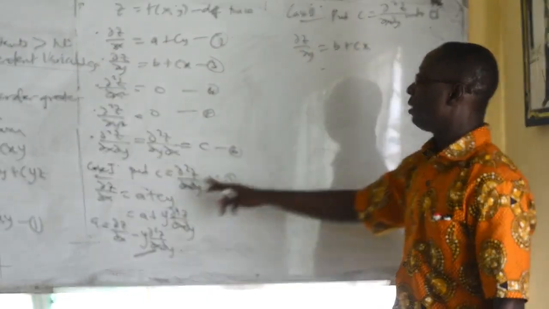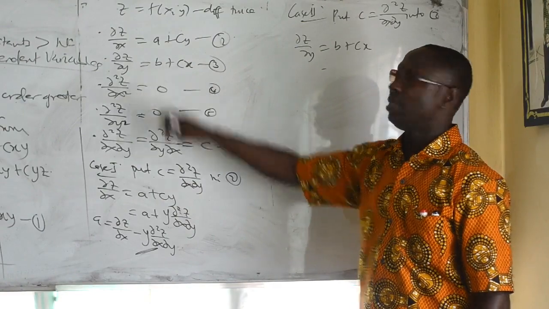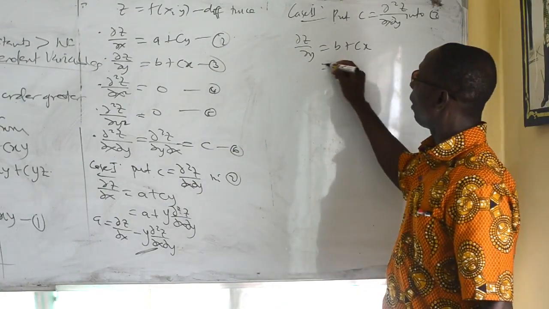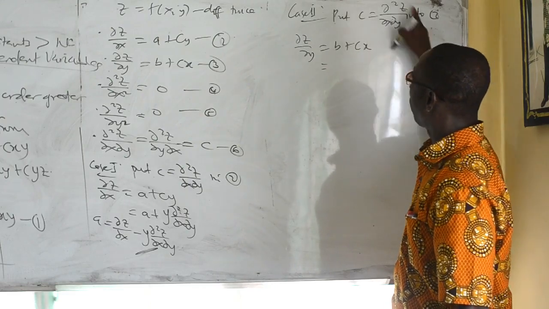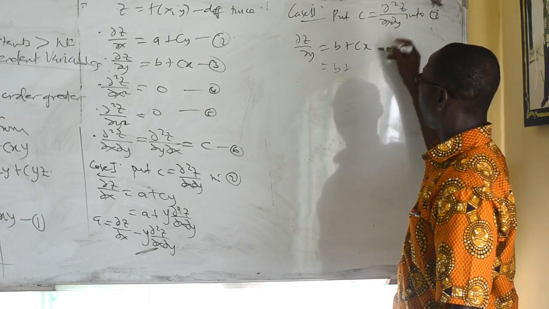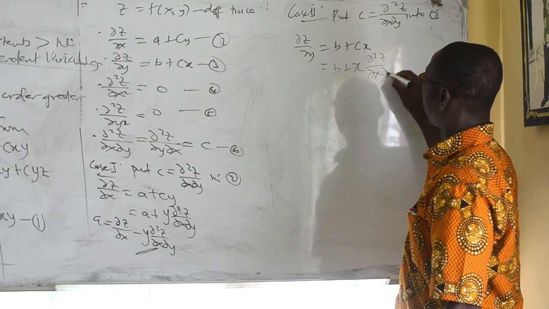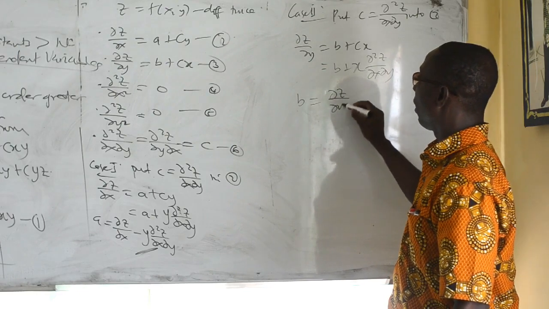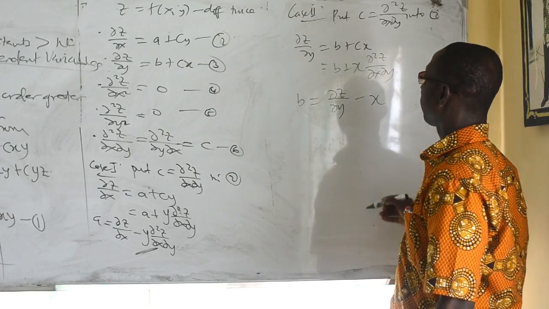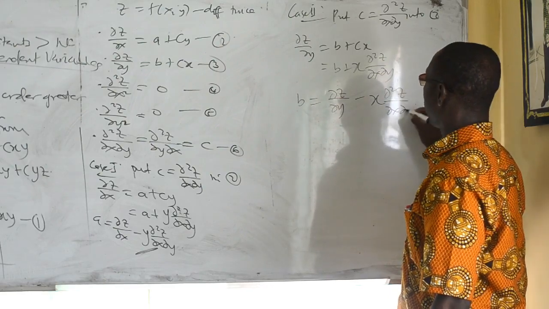Now we are putting the same C into equation 3 so that we can find our B. So C, we are replacing it by this. X is multiplying this. So B plus x multiplying this. So we make B the subject, that is dz over dy minus x d squared z over dx dy.